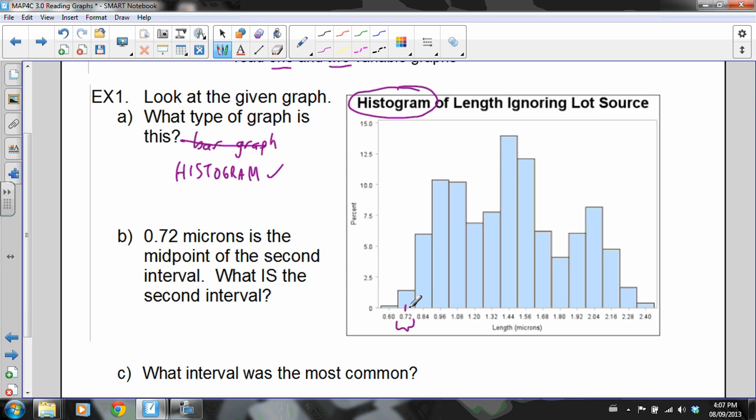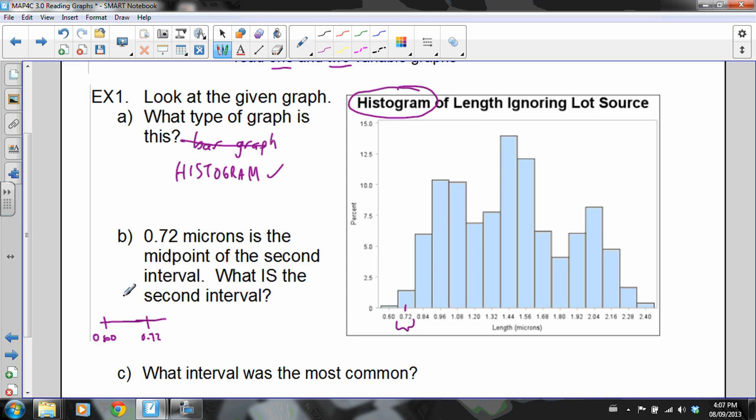And we want to know what that interval is. The midpoint is 0.72, but what is the interval? Well, I'm going to draw a bigger copy of this so we can think about it. There's the midpoint of the first interval, and then over here somewhere is the midpoint of the second interval.